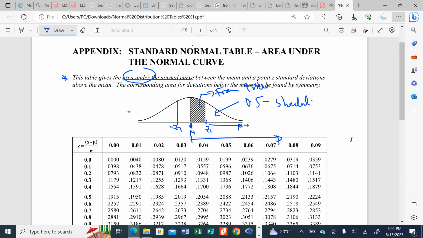You can call it minus Z2. You apply the property called symmetry. So if Z is minus 2, you just check for Z equal to plus 2. So that's the property of symmetry.